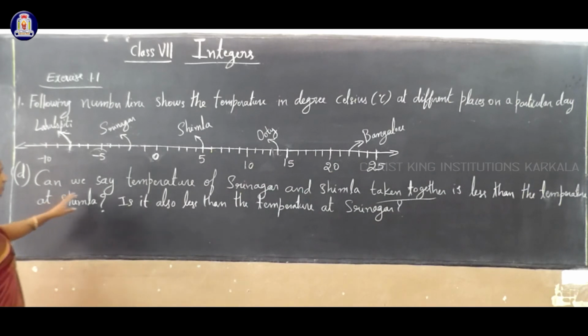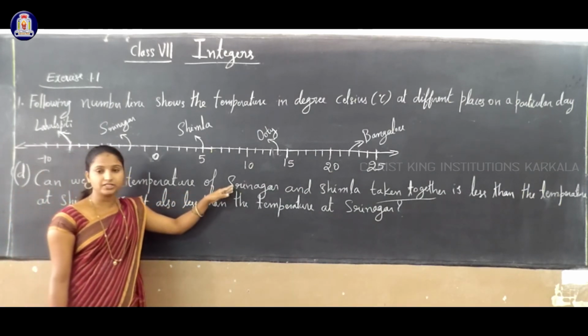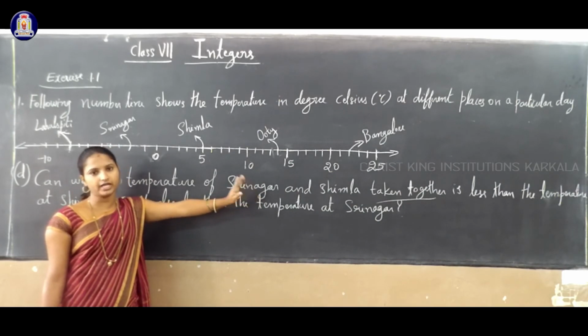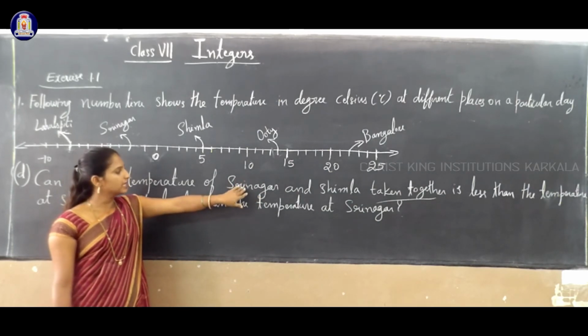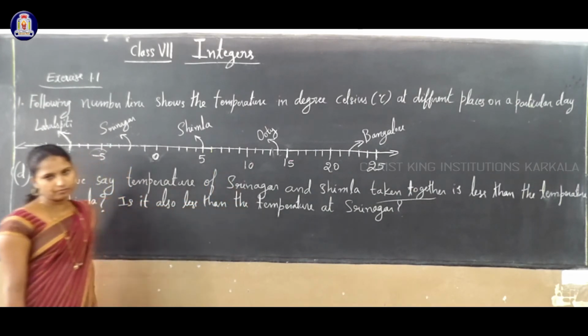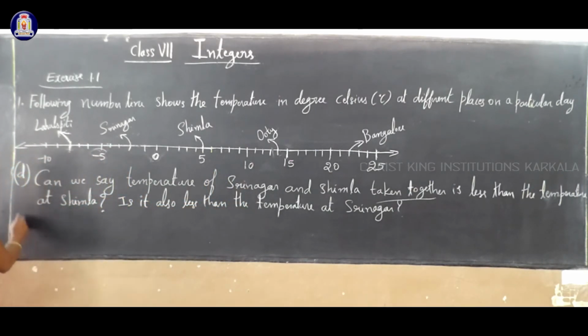The first one is the temperature of Srinagar and Shimla taken together, which means you have to add the temperature of Srinagar and the temperature of Shimla. First write the temperature of Srinagar. We'll see the number line.